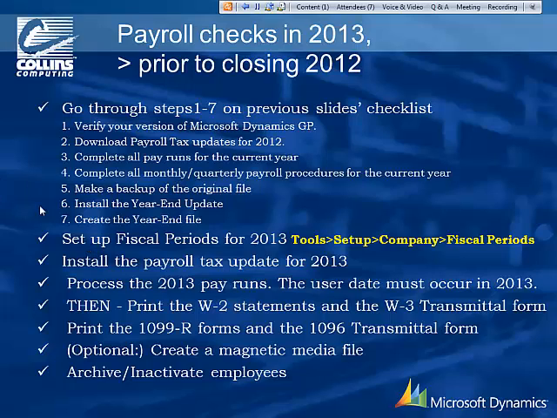So here are the steps that I've said you can do, and then go ahead and set up your fiscal periods, process them, and then go back later to run your W-2 and W-3s or your 1099s. So those steps here, these are the ones that you don't have to do first. You just go through those first steps and wait to produce all your statements and your forms if you have to. That's okay. You can still do that later.